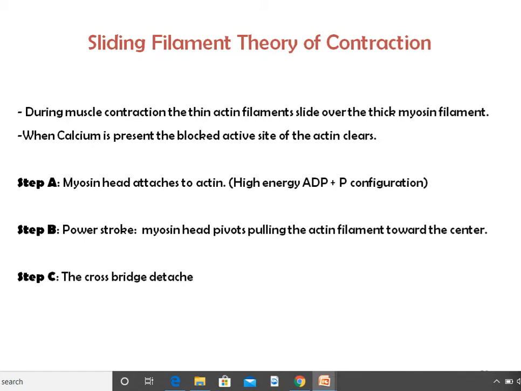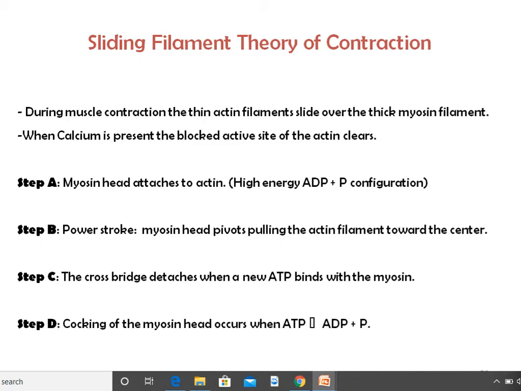Step C is that the cross bridge detaches when a new ATP binds with the myosin. And step D, the cocking of the myosin head, occurs when the ATP is split into ADP plus phosphate. Then another cross bridge can be formed.